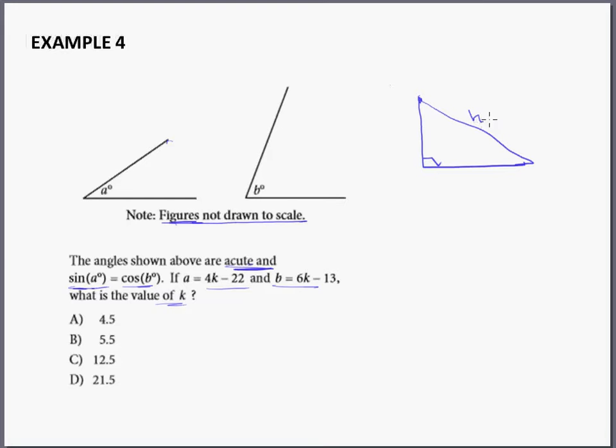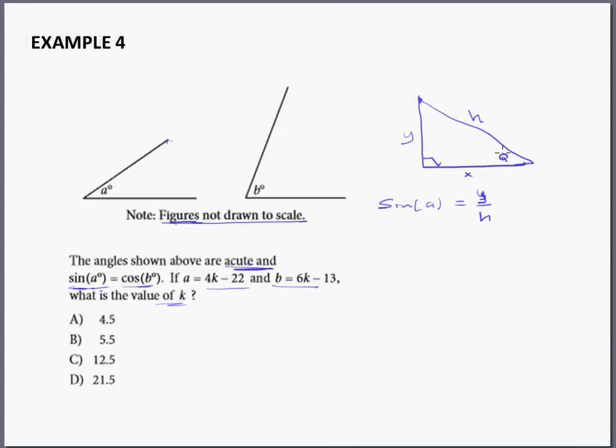Call this our H, and this here, let's call this A. You notice that sine A, let's call this X and this Y, for instance. Then sine A will be equal to Y over H.